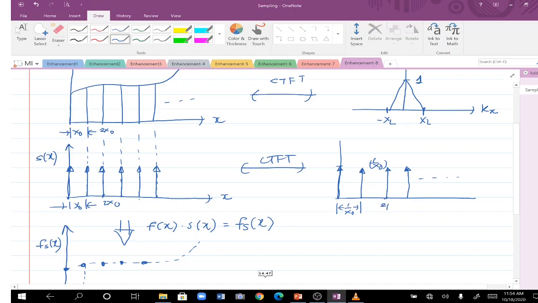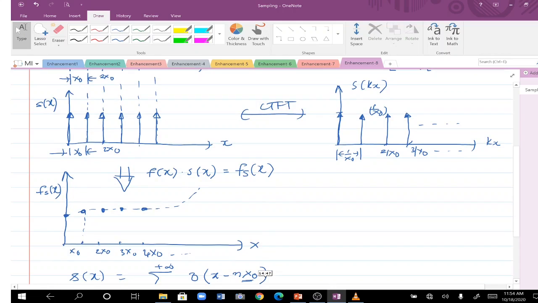Say for example this is 2 by x naught, 3 by x naught, and so on. This is your kx axis, and this is your capital S of kx.